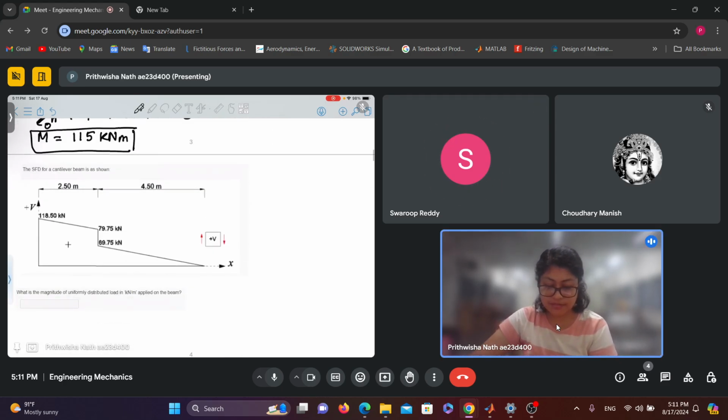Now the next problem. The SFD for a cantilever beam is shown. What is the magnitude of uniformly distributed load in kilonewton per meter applied on the beam? So what is the formula which relates the shear force and the load distribution? Can someone tell me?